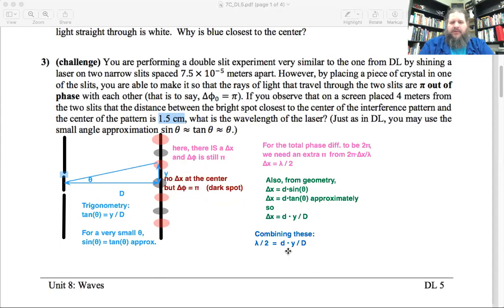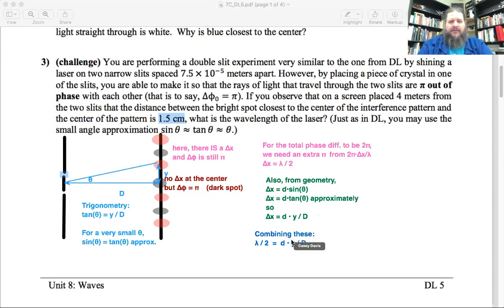And within this equation, what are we trying to find? What's the only unknown left here? I think we're trying to find lambda, right? Yeah, the ultimate question here is what's the wavelength of the laser? And I think we know the rest. We're given the distance between slits, that's 7.5 times 10 to the negative 5 meters.